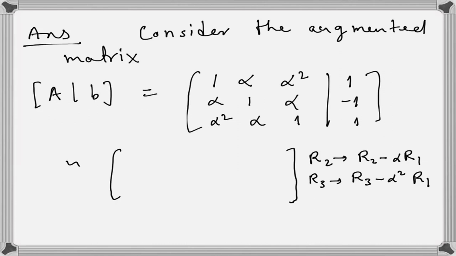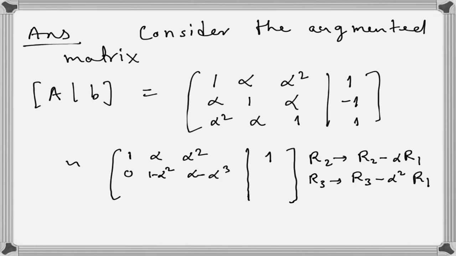Then there is no change in the first row. Alpha square, this is 1, and then this is 0, and this is 1 minus alpha square, and this is alpha minus alpha cube.